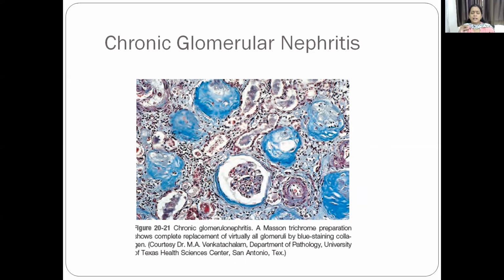So all these things will cause the chronic glomerular nephritis. In the microscopy, you find all these things along with the arteriosclerosis that is happening. So this picture I told you is Masson trichrome stain, which is trying to give you the idea of the scarring of the glomeruli. So there is loss of the glomeruli. Okay. So this is about the chronic glomerular nephritis.